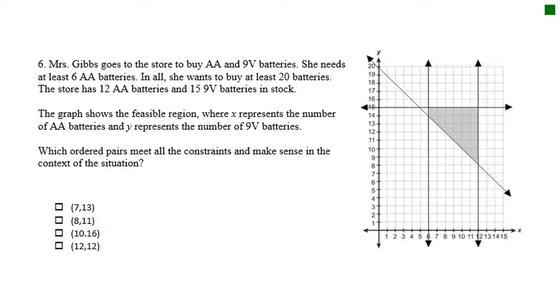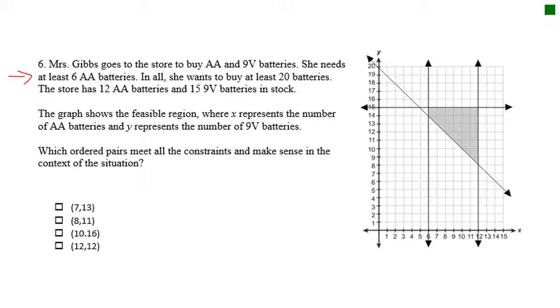So this graph shows the feasible region where x represents the number of AA batteries and y represents the number of 9V batteries. So all these graphs, there's a total of 4 on here, represent everything that was in this first paragraph up here. So they already drew that graph for us. Moving on, let's look at what the question is asking.